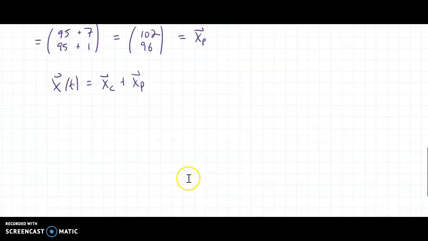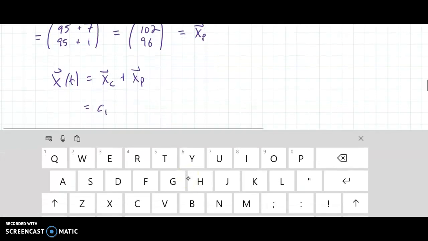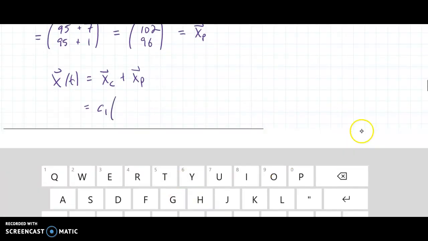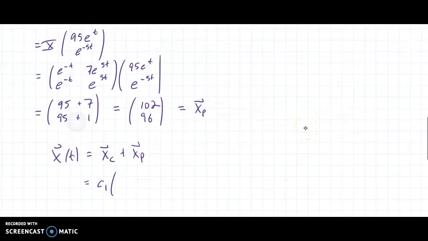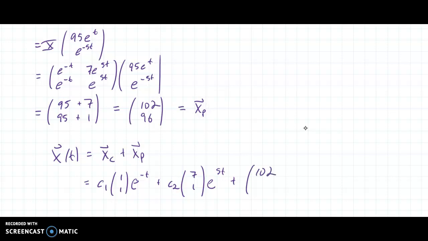So my x of t is c1 times 1 e to the negative t plus c2 times 7 e to the 5t plus my xp, which is 102, 96. So that's it.